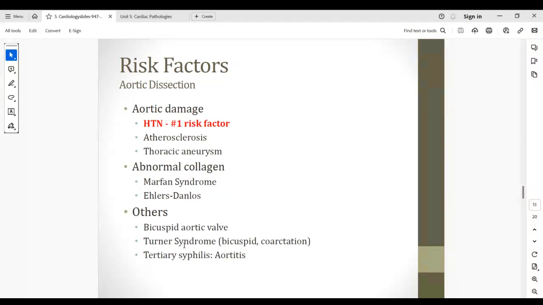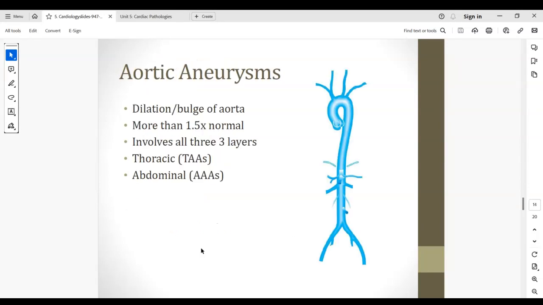A few decades ago syphilis was very common as one of the main causes. But now with the advances in treatment of syphilis and screening for syphilis, it is one of the less important factors. So for aortic aneurysm, we have now finished aortic dissection.